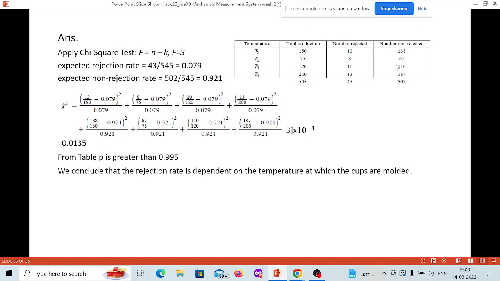So the expected is 0.921, and the actual observed is 138 by 150. So 138 by 150 minus 0.921, the whole square, divided by the expected one, for all 4, into 10 power minus 4. So that's a mistake, the 3 is not here. Just a second.